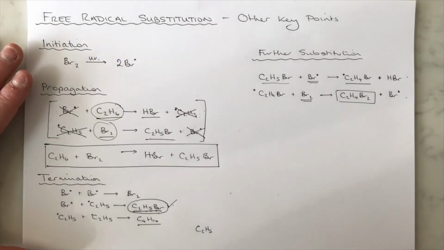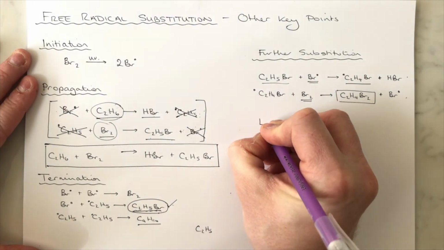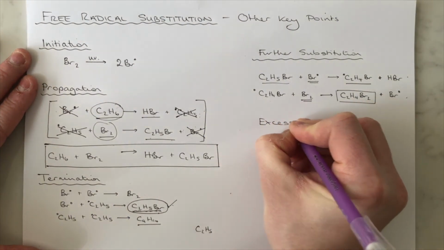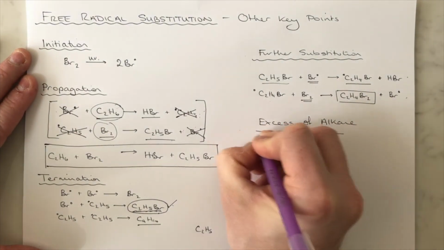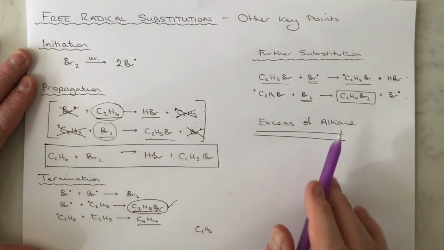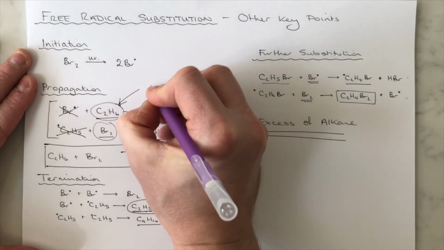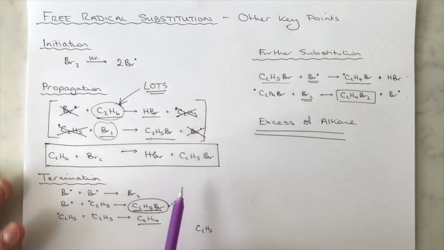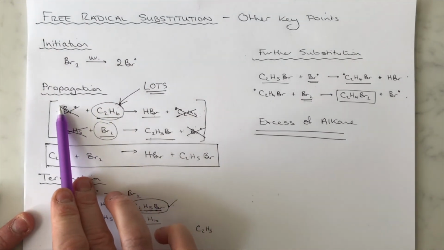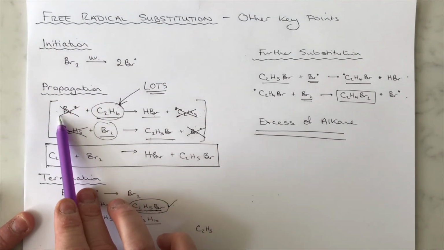And that is to use a large excess of alkane. Okay, so if we have an excess of our alkane, if we have lots of our alkane to start off with, it maximizes the chance of all our bromine radicals being used up straight away.